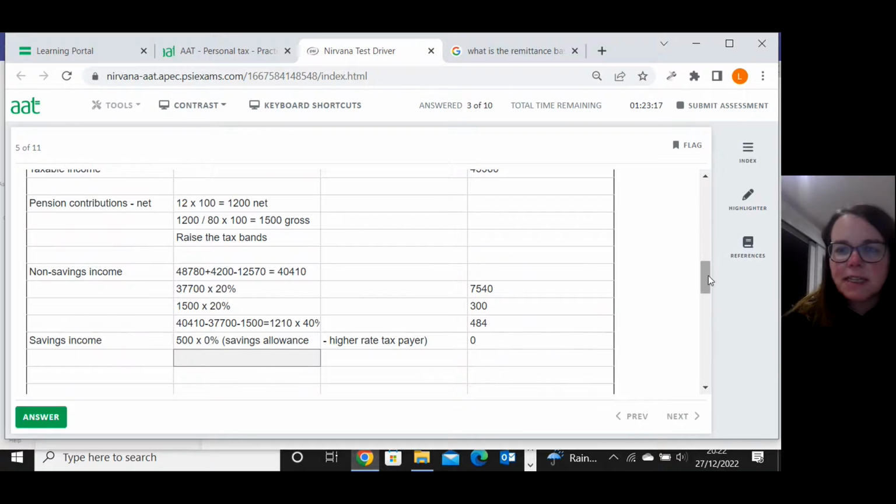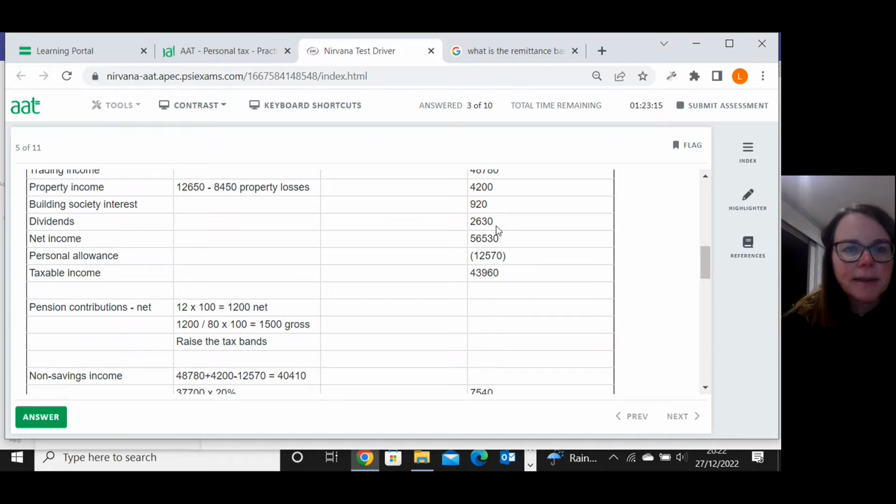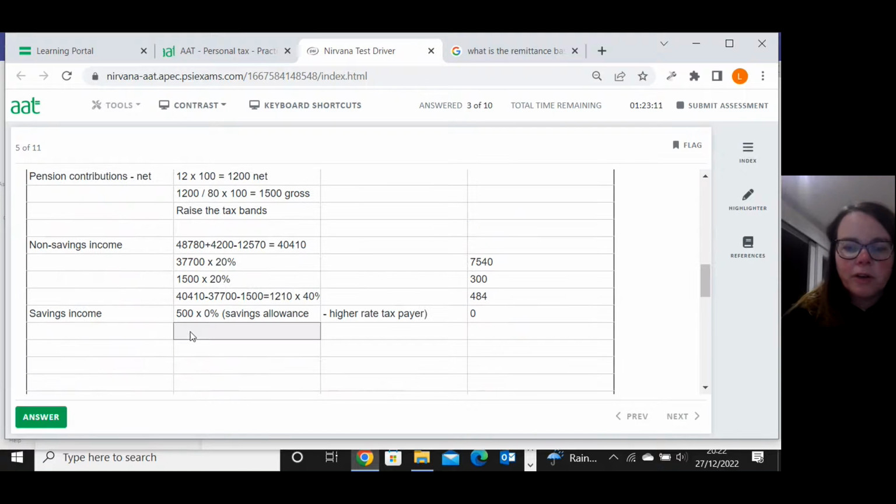How much savings has he got left? So if we go back up here, 920. So we've got 920 minus the 500 gives us 420. That's going to be taxed at the 40%. We're currently in that bracket. So that gives me 168.